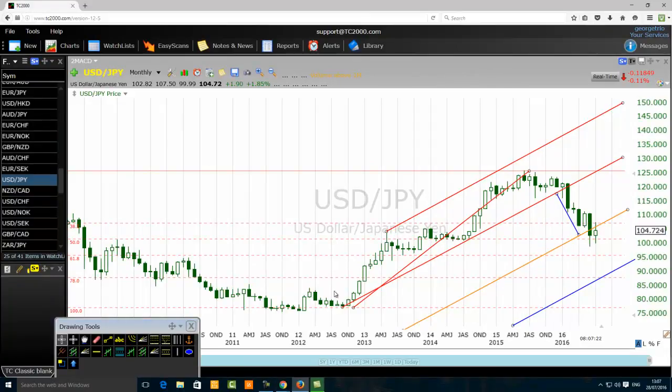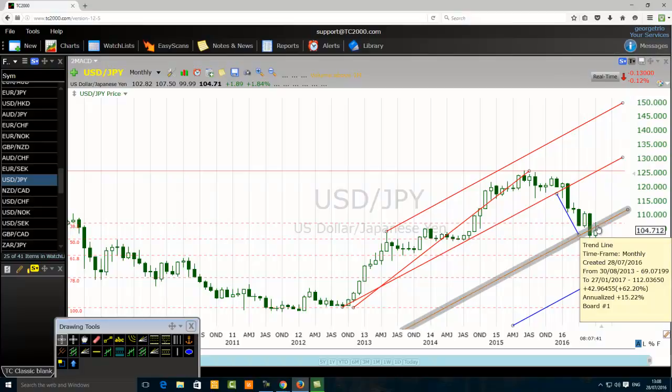So as I explained to you, the price structure will determine the appropriate strategy that we must deploy, okay? So where we are now, the price dropped below the orange trend line, which is the lower part of our projected channel, and now is retesting it here.